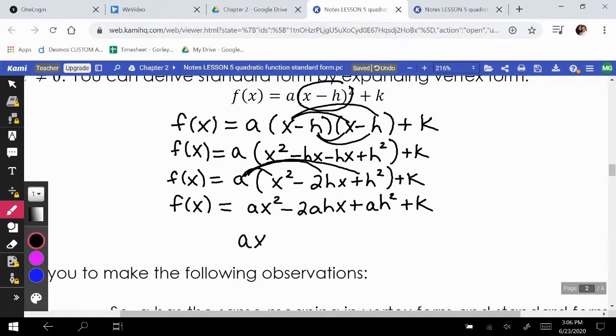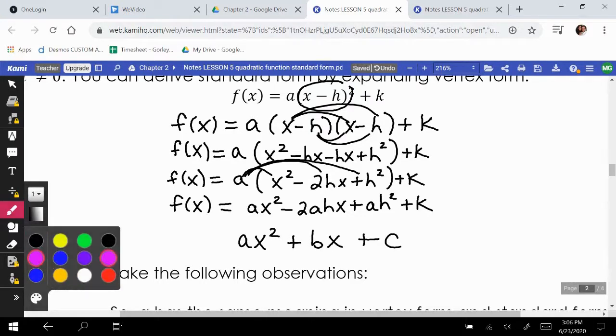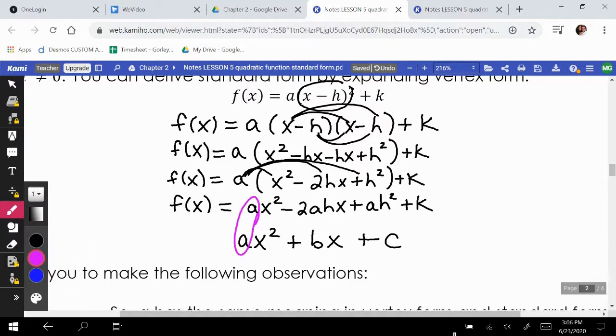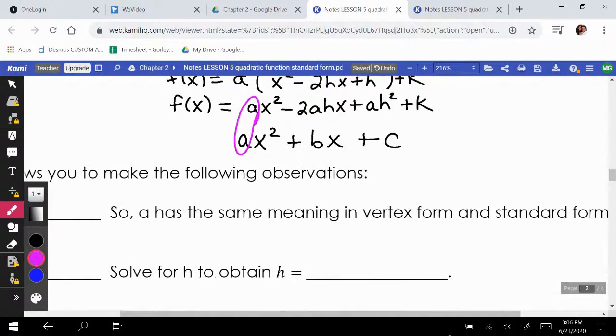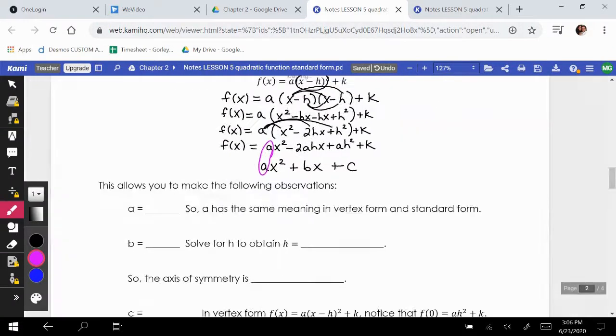Remember, standard form is ax squared plus bx plus c. So notice a is just a, right? So the a in the vertex form has the same meaning as the a in standard form. A equals a.